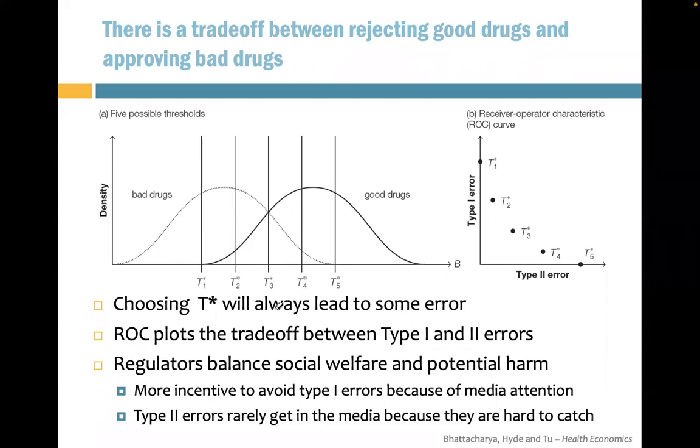Type 2 errors rarely get in the media because it's very hard to catch. It is easy to catch that a bad drug is approved, but it's difficult to catch that a good drug is not approved. Okay.